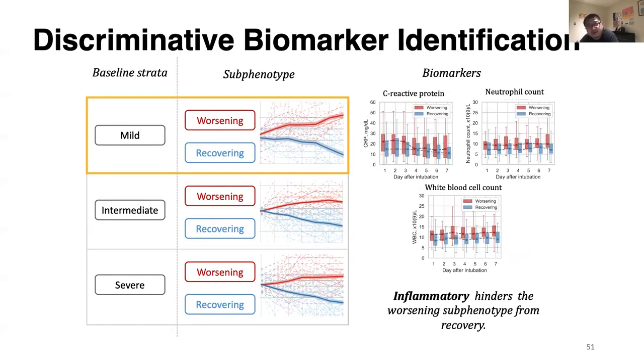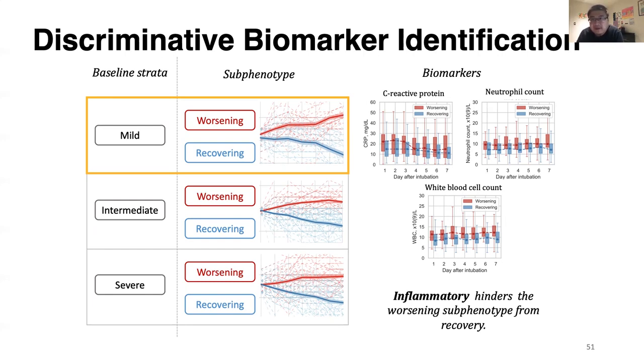This shows, on the mild stratum, the difference in CRP, neutrophil, and WBC, and their distribution over 7 days for the recovering and worsening subphenotypes.